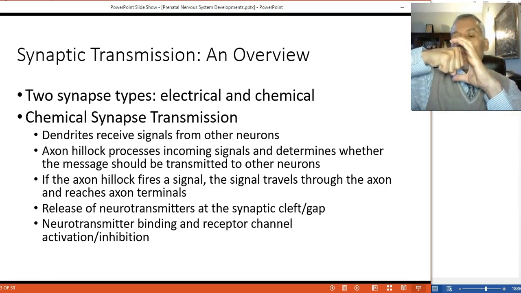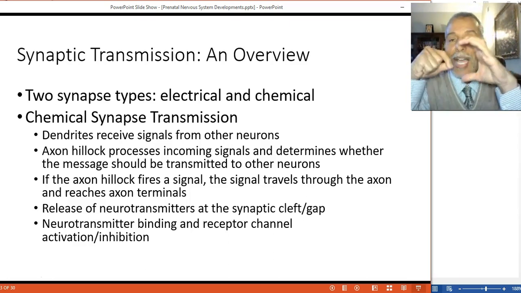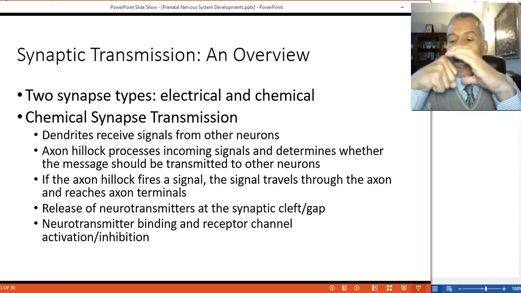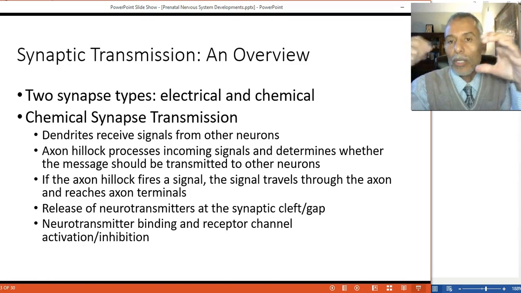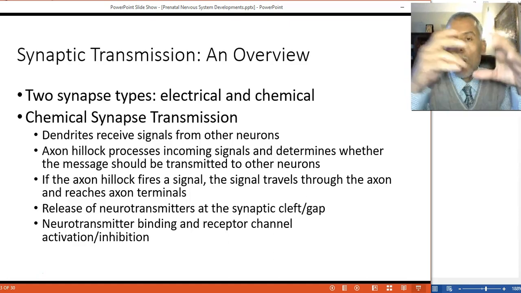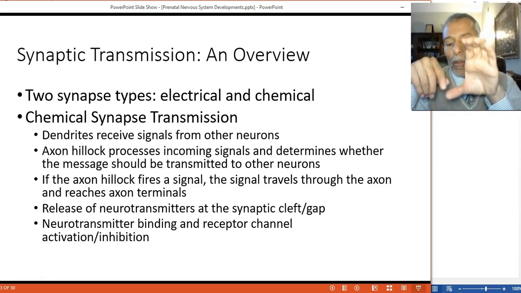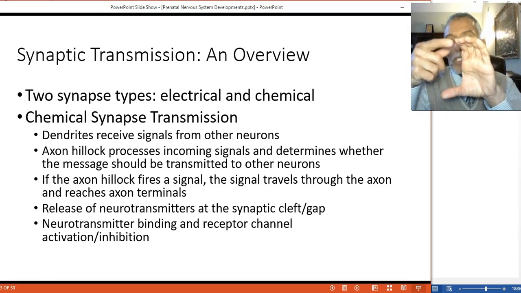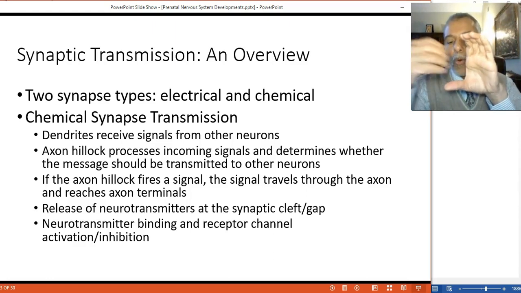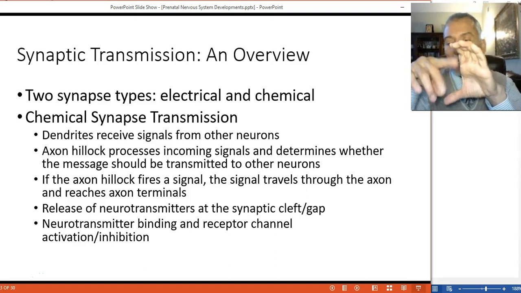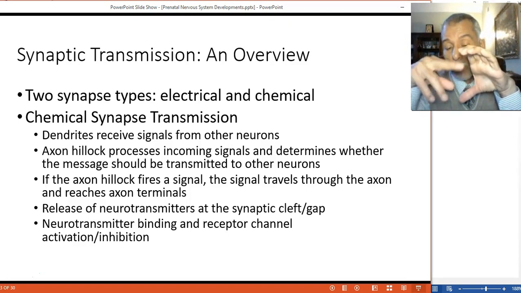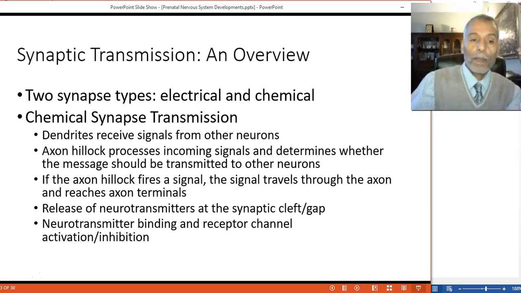That gap is called the synaptic gap or the synaptic cleft. In that gap, the neurotransmitters flow, and then they dock onto the receptors. The neuron that receives the signal along the membrane is going to have many protein channels that only allow certain things to go from the extracellular space to the inside of the cell.